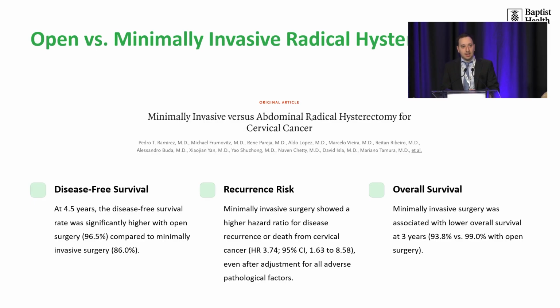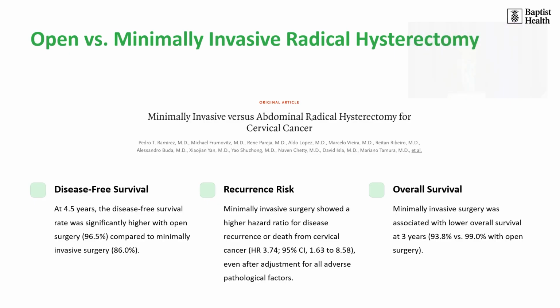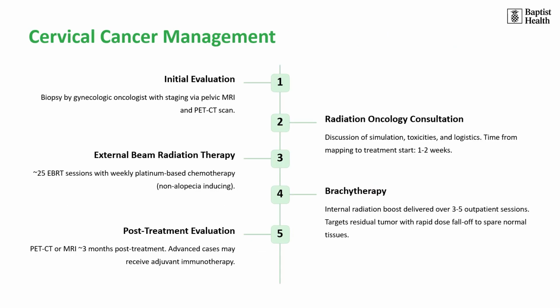I think what this highlights is that it's very important to have a good conversation with your surgical oncologist should you ever be in some sort of situation looking at this, because the type of surgery, the invasiveness of it, can all play a role in what your recurrence risks are and what additional treatments you may need.